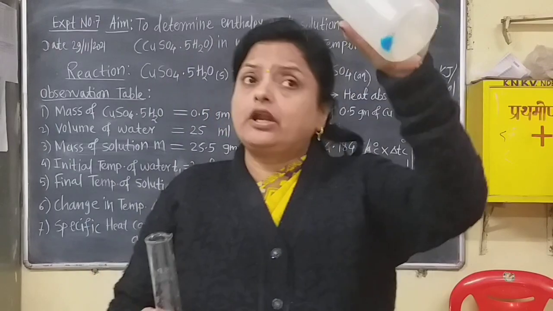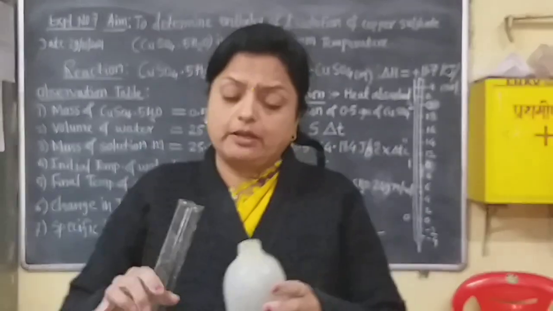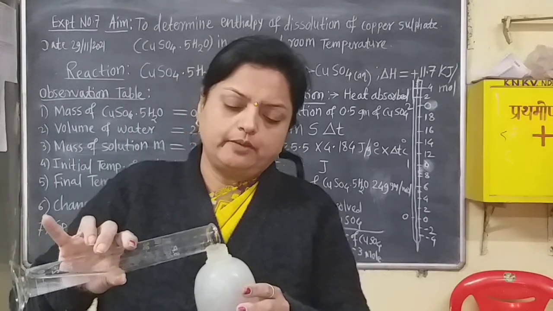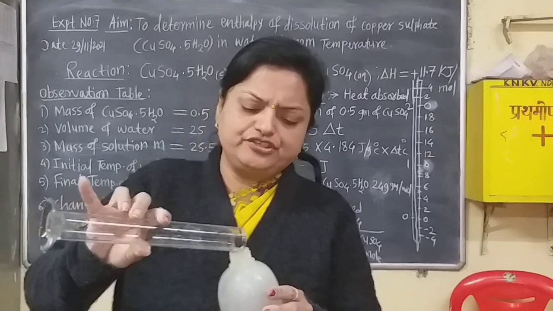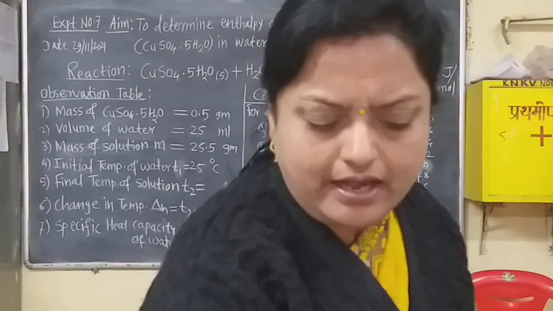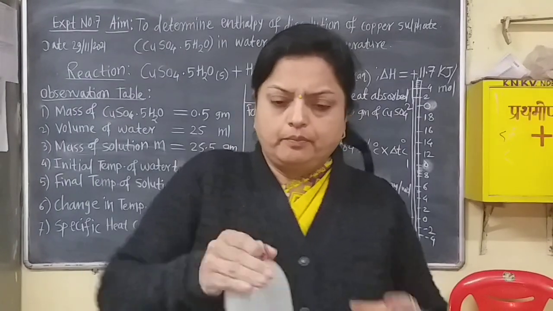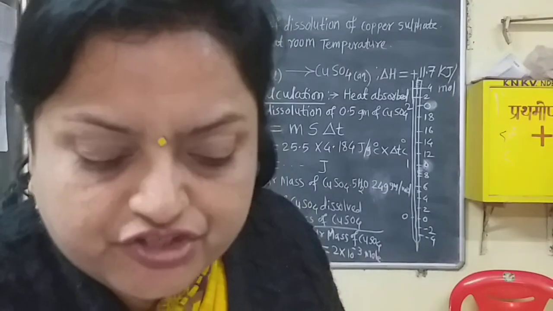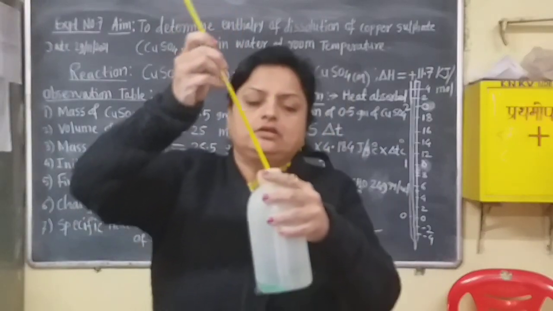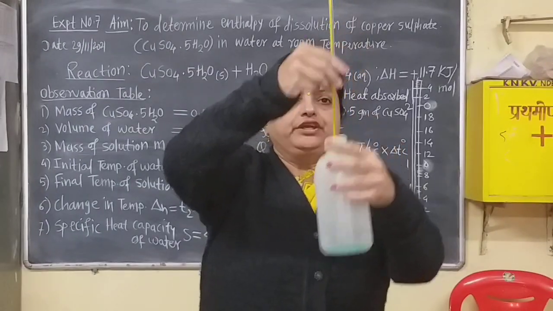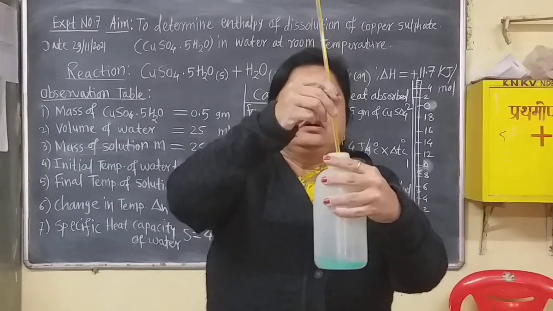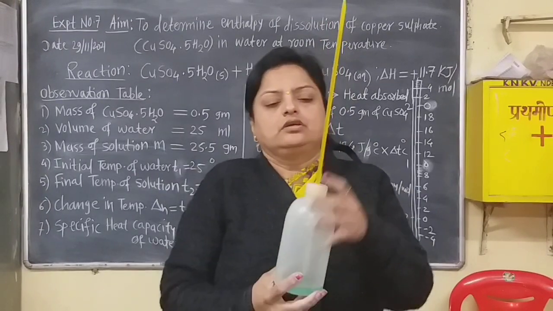Now here I already poured the 0.5 gram of copper sulfate. Now I am pouring the water immediately, and first shake this, but you must hold the thermometer and then shake. What is the change?